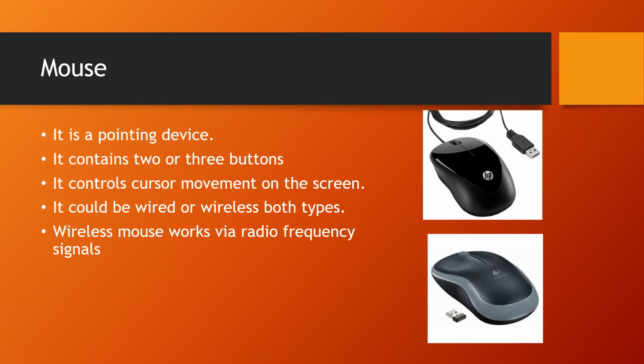Next is mouse. Mouse is a pointing device. It means it will point out on your screen where your cursor is blinking. It contains 2 or 3 buttons. It controls cursor movement on the screen. It could be wired or wireless. It could be a port type. A wireless mouse works via radio frequency signals.